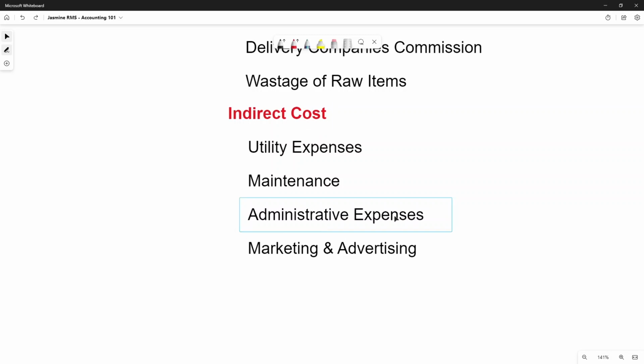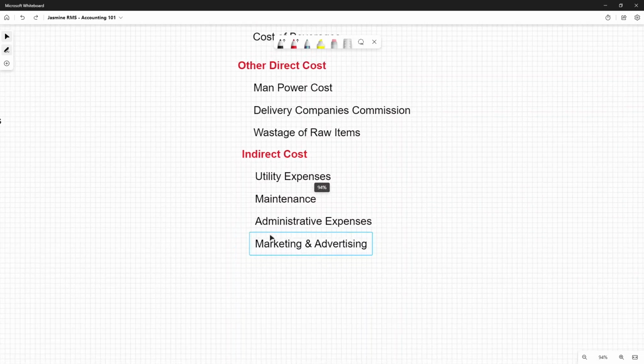The administrative expenses like the rent, governmental fees, and nowadays we have to pay a lot for marketing and advertisement on social media, and direct advertisement with influencers, so that people will know more about our restaurant.